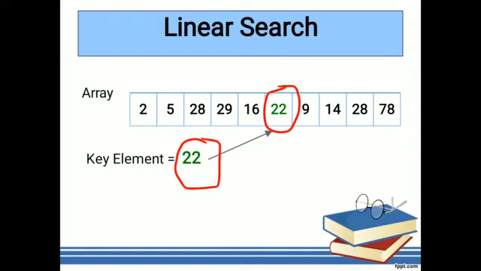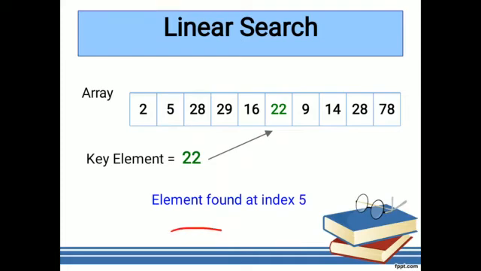So it will return the result as element found at index 5. Why index 5? Here it is 0, 1, 2, 3, 4, 5. So at index 5 the element is found.